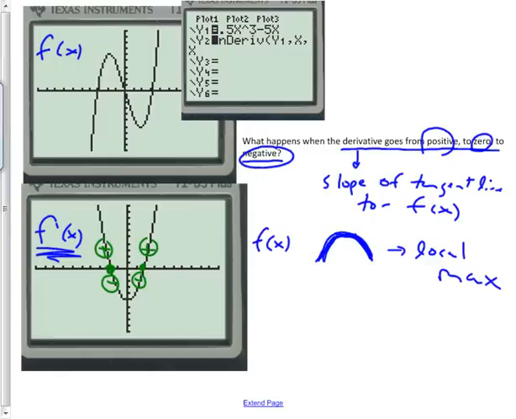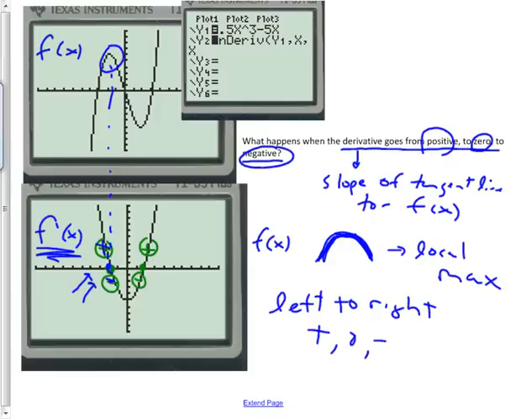So this is the point that's of concern, because going left to right, it goes positive, 0, negative. And what's going on there? Well, going up to our function, as we would expect, we have a local maximum.